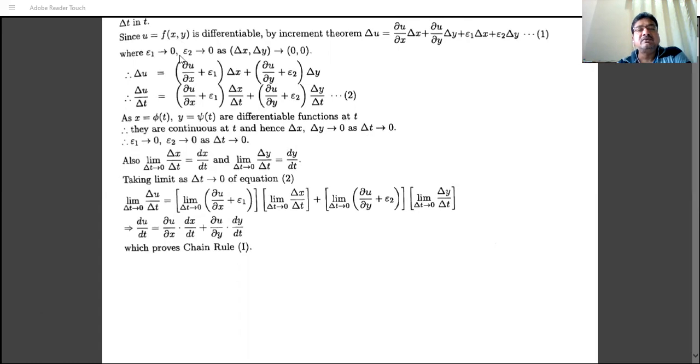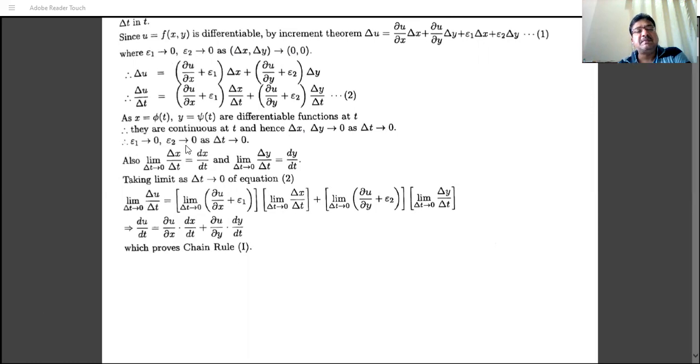Actually, epsilon 1 and epsilon 2 tend to 0 when (delta x, delta y) tends to (0,0). But if delta t tends to 0, then delta x and delta y also tend to 0, and then epsilon 1 and epsilon 2 tend to 0.